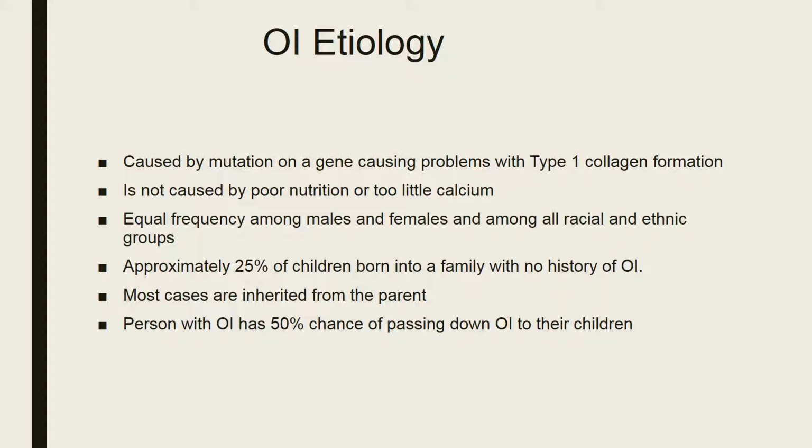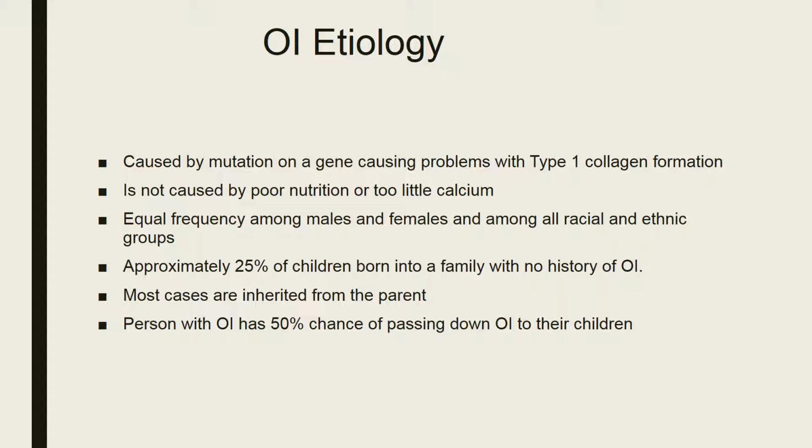It is not caused by poor nutrition. It's not caused by too little calcium, or by anything the mother did when she was pregnant, like not drinking enough milk. No, it's not that. It's a genetic condition that affects type 1 collagen formation.